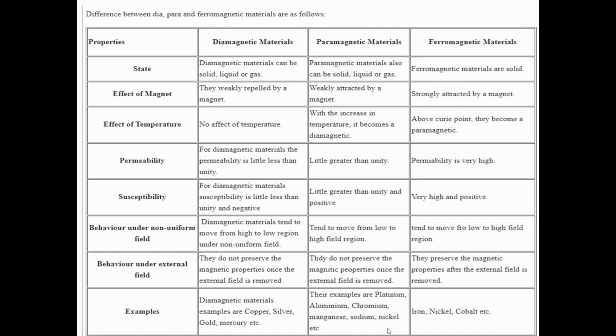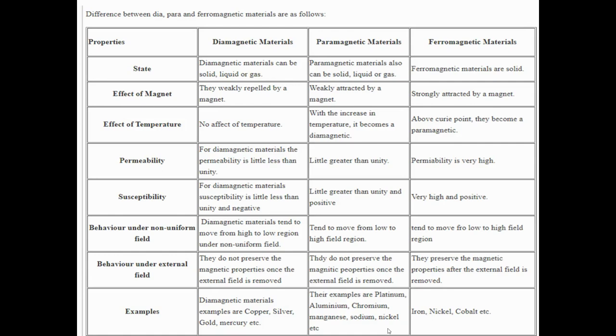For an external field, diamagnetic materials don't preserve the magnetic properties once the external field is removed. Paramagnetic materials also don't preserve the magnetic property once the external field is removed. And ferromagnetic materials preserve the magnetic properties after the external field is removed.